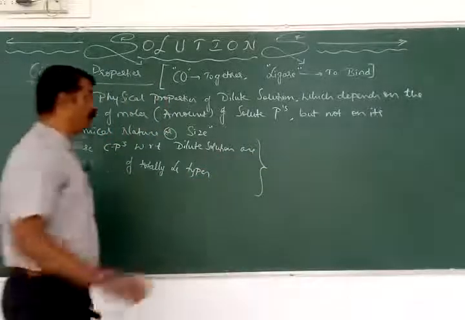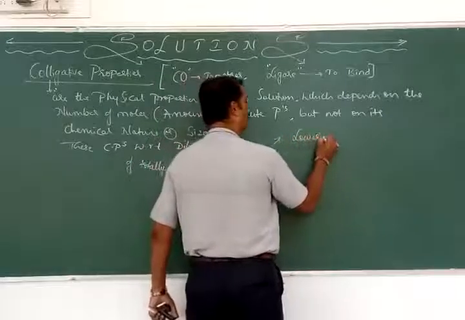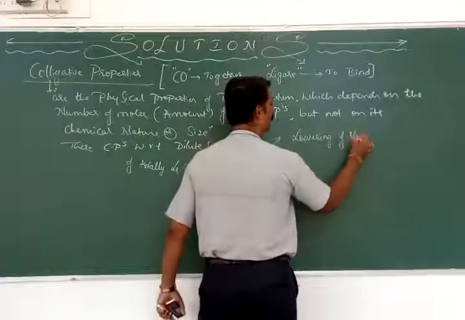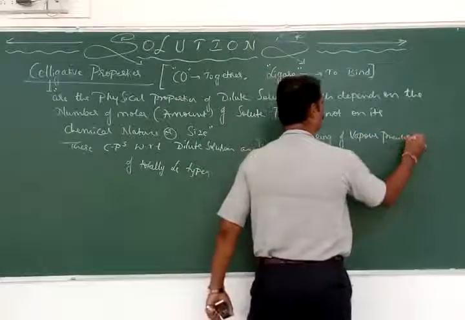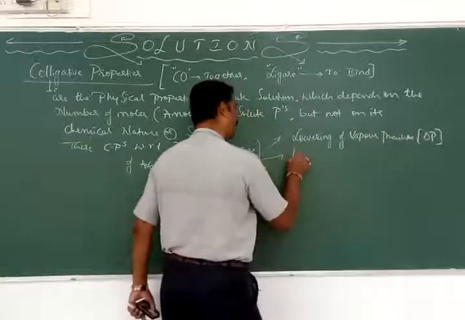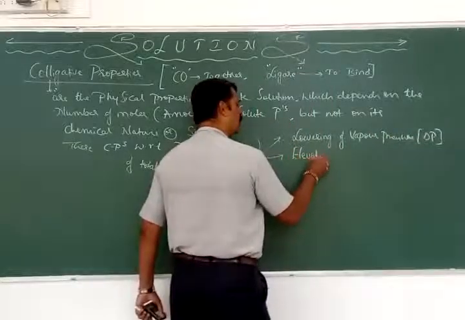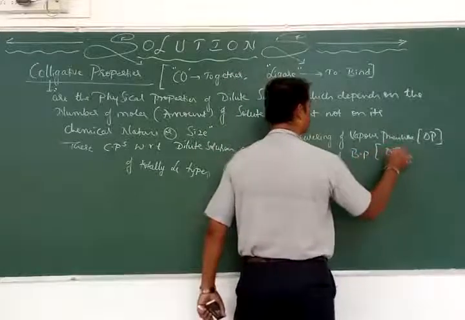What are they? The first one is lowering of vapor pressure, having a symbol of delta P. Then elevation of boiling point, having a symbol of delta TB.